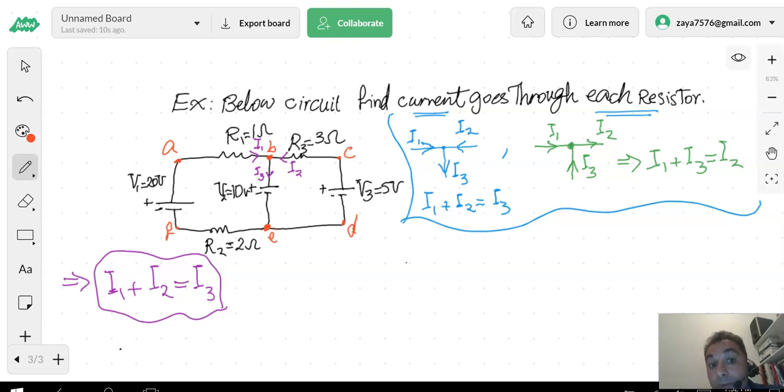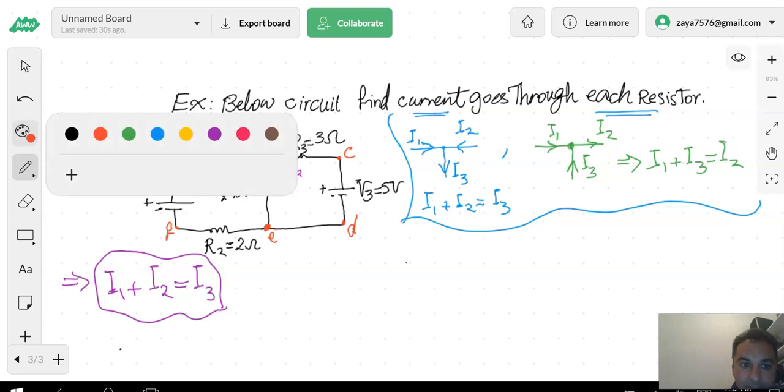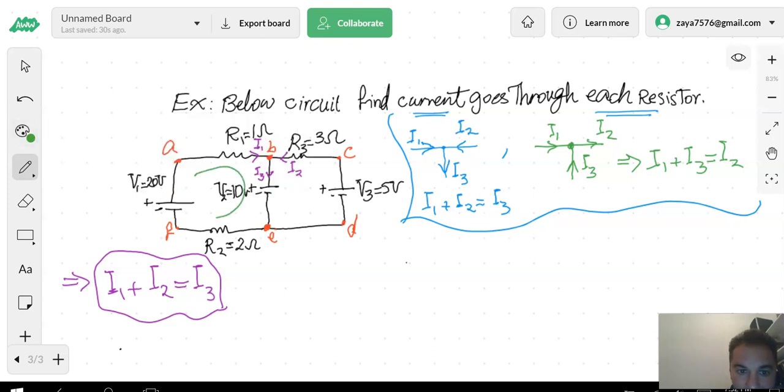One closed loop is A, B, E, F, A. One is B, C, D, E, B. So I'm going to write A, B, E, F, A. This is circuit number one.